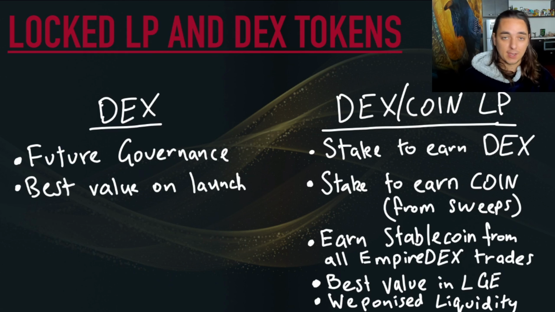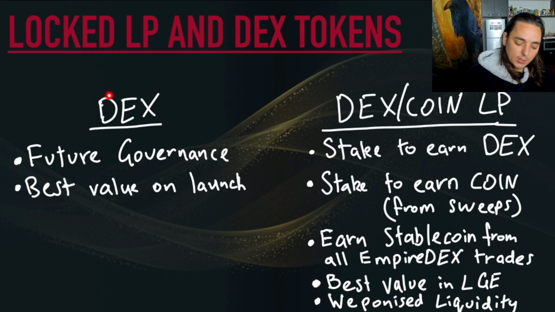Obviously, nothing's set in place yet. Prism Chain is still probably a year away, or hopefully less than a year at this point, but we're looking at 2022. So for the DEX tokens, if you just want to get these, just so you guys know, it's this which has the real value, because you're earning from the stablecoin vault, you're earning more DEX tokens, and you're earning the native coin for that blockchain.